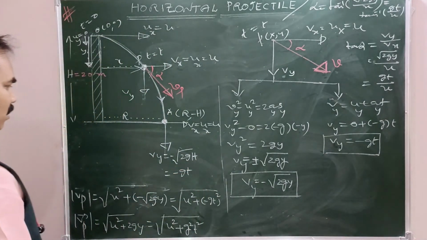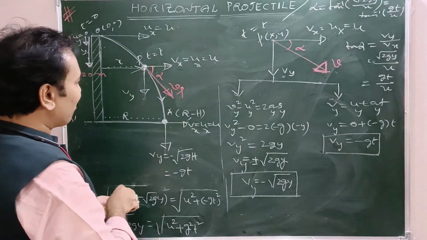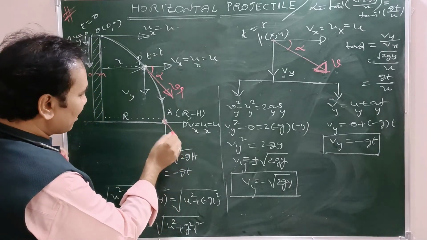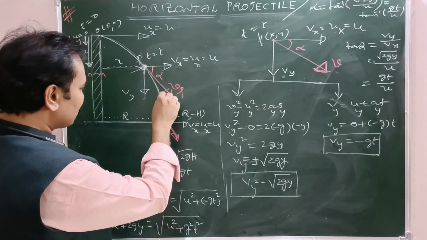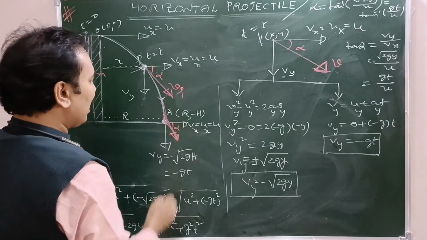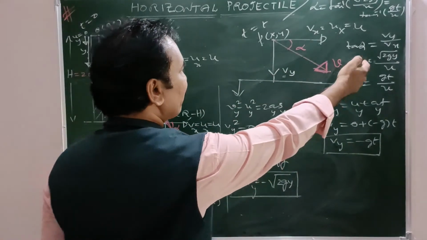Now what is the angle made by the net velocity? This is the net velocity, tangential to the path. Here it is alpha. So tan alpha equals Vy by Vx.